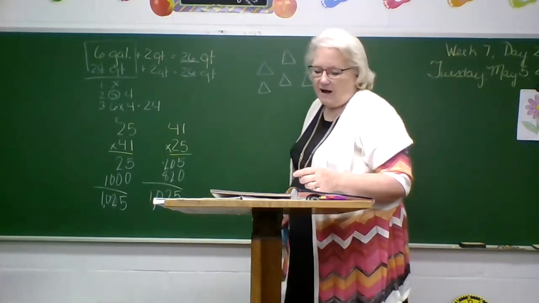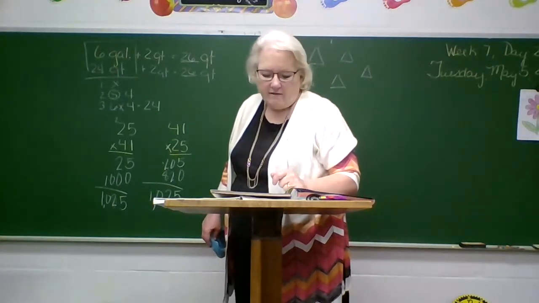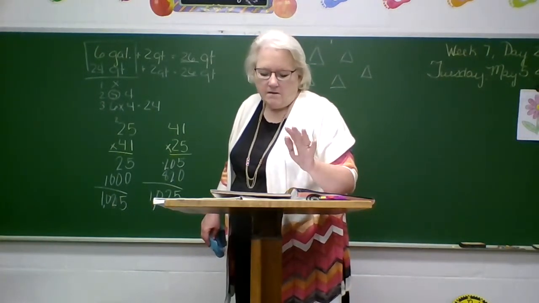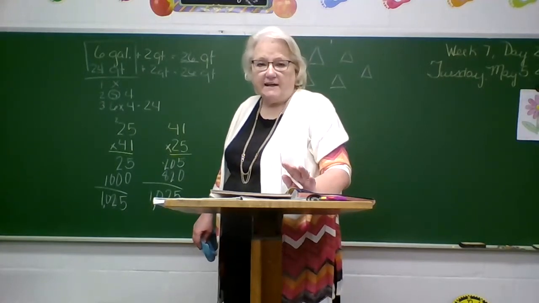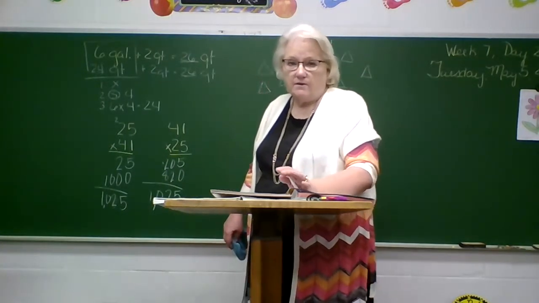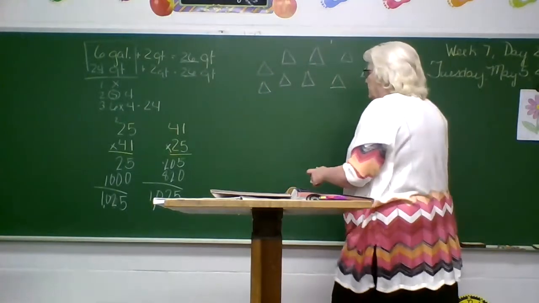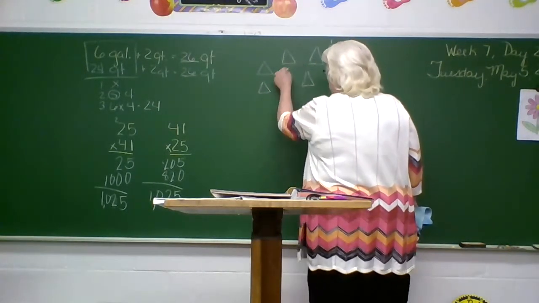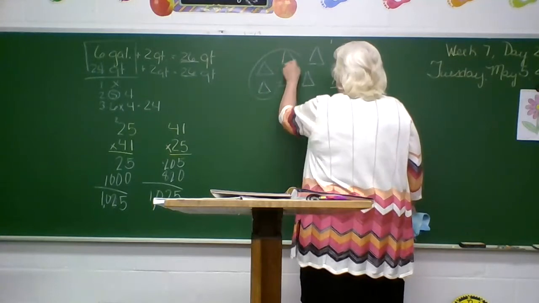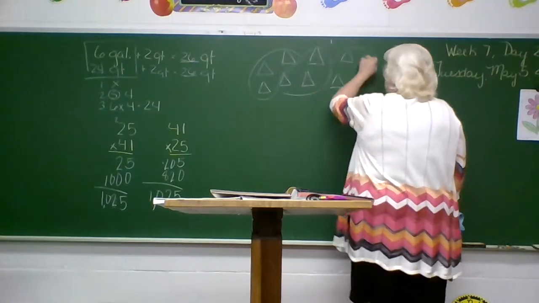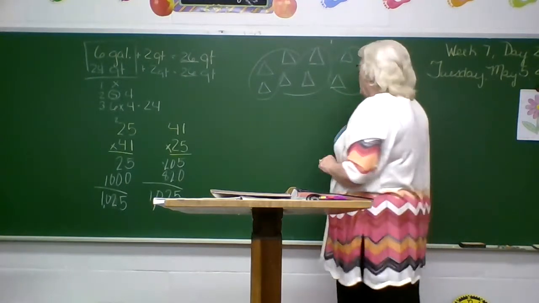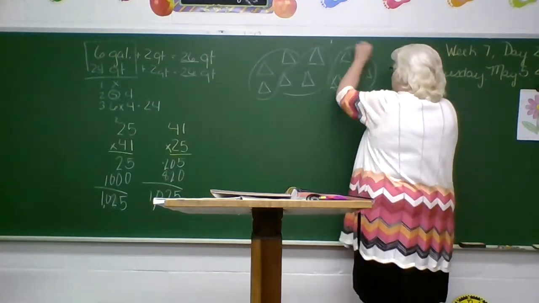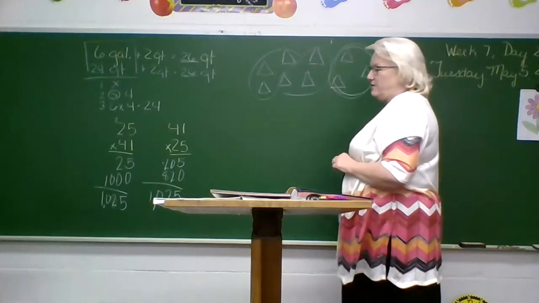We need to divide so that we have 1/3 of the group. We're going to divide it into 3 parts. Okay, 3 equal parts. All right, here's a part. Here's a part. And here's a part. So we should have 3 triangles in a circle. So this right here would be 1/3.